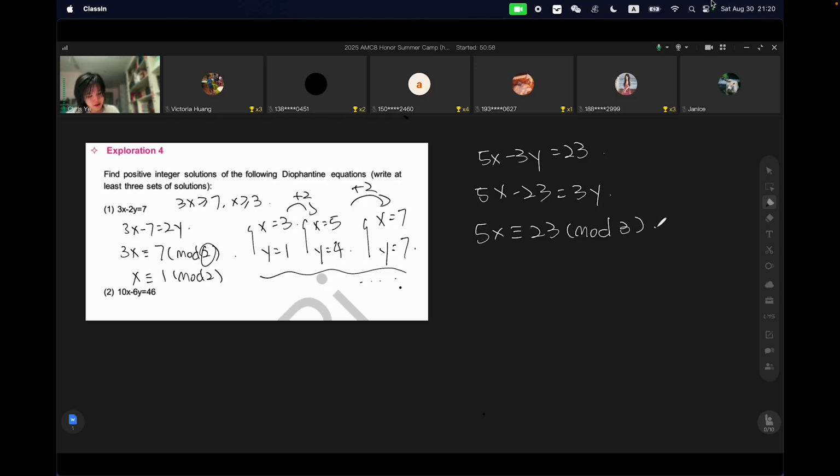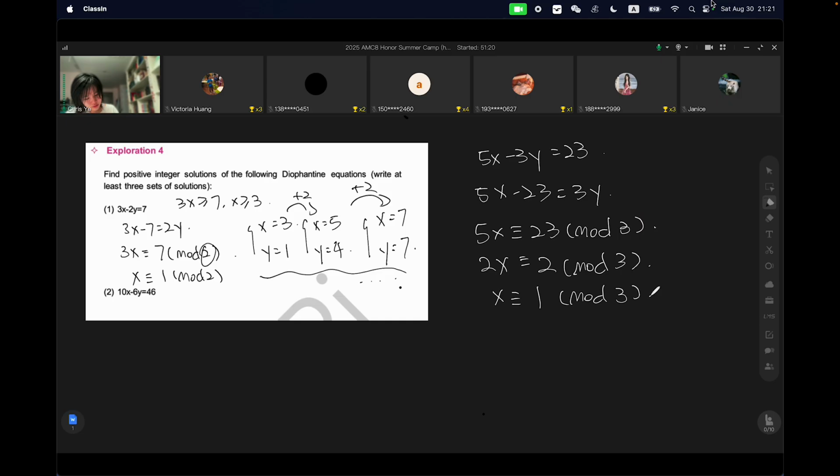And by simplifying this, divided by 5, we have 2x is congruent to 2 mod 3. So thus, x is congruent to 1 mod 3.